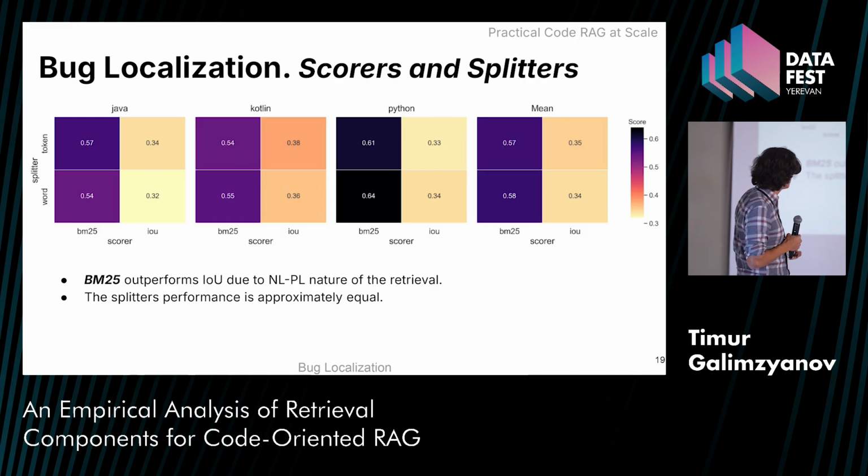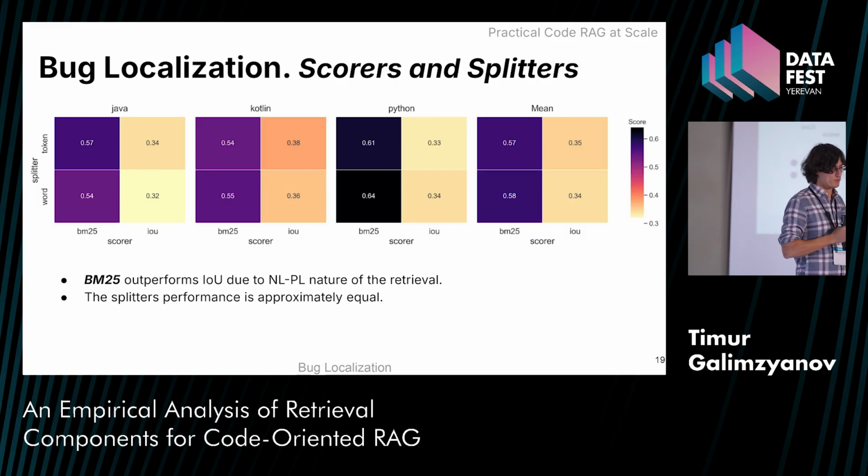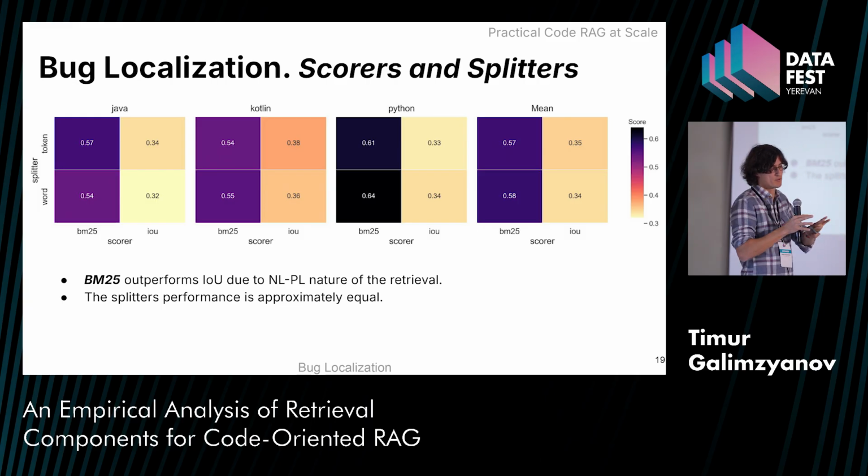In this case, BM25 beats far intersection over union. That's understandable because it understands a bit more about your context than a simple intersection of the words. And the splitter performance is approximately equal, so you would prefer word splitting over the BPE tokens.